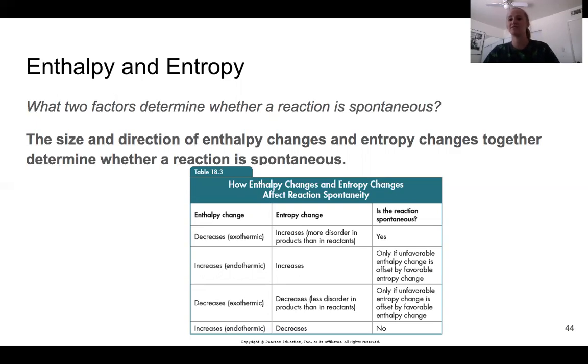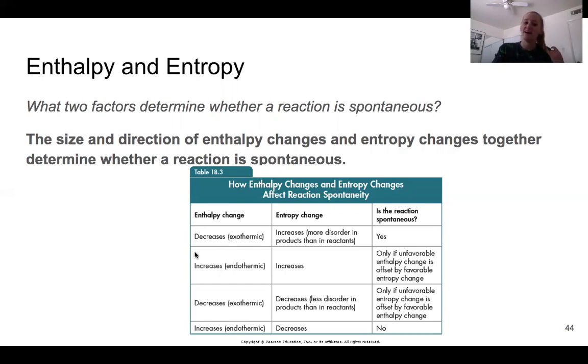So what causes fireworks to be spontaneous while trying to remove sugar from coffee, in that real world example, is non-spontaneous? What is causing that? It's just the amount of heat change, or enthalpy, and the amount of entropy change, or change of disorder. If we look at this chart, it says enthalpy change.